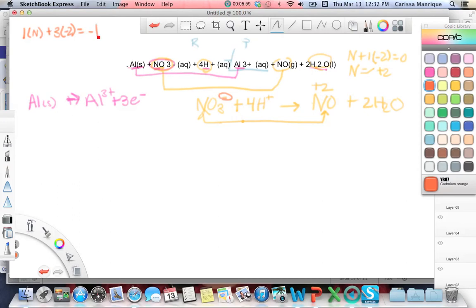So nitrogen minus 6, 3 times 2 is 6, equals -1, so nitrogen equals +5. So it went from +5 to +2. The difference there is 3. Now which side do I add the electrons on? Always the more positive side, so it's 3 electrons. So those are my half reactions right there, okay?